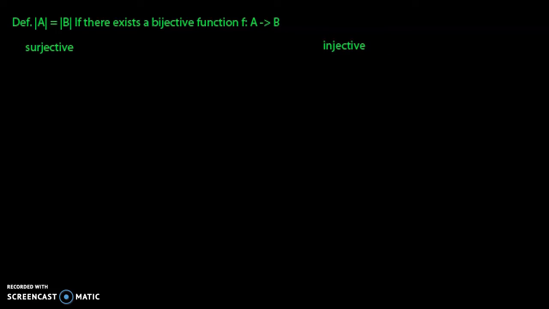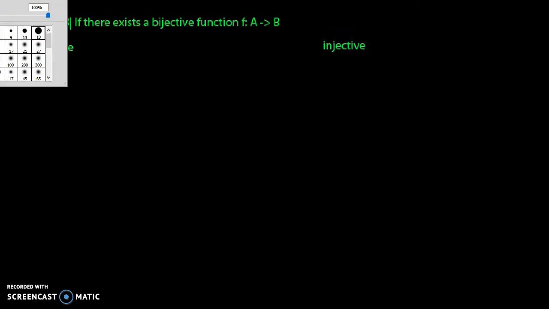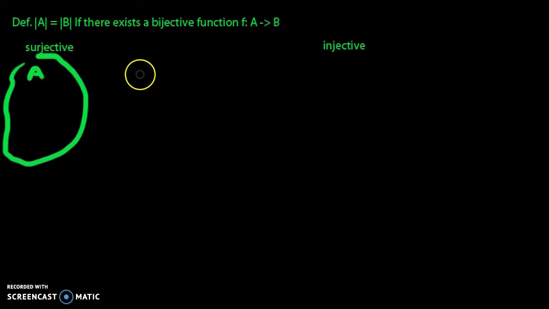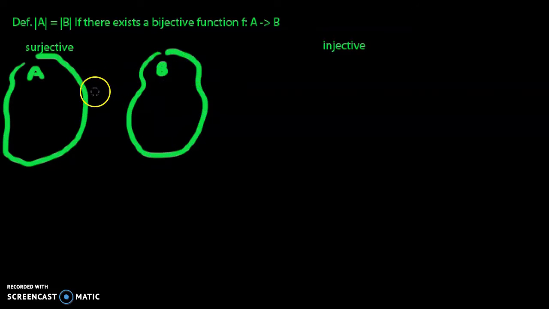I'm going to briefly summarize. Surjective is basically when we have two sets, A and B, and it's onto.